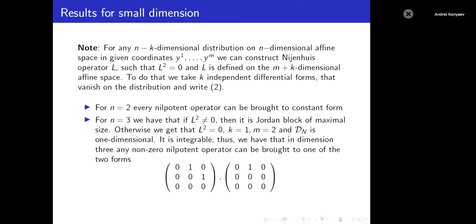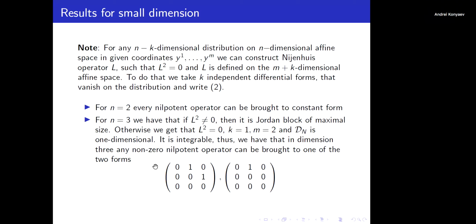So in our construction, we get a one-dimensional distribution on a two-dimensional space. A one-dimensional distribution is always integrable. That is why, taking enough coordinates, we can make this distribution a coordinate distribution. So this is the trick. And we see that we have an interesting result. In dimension 2, every nilpotent operator can be brought to constant form.